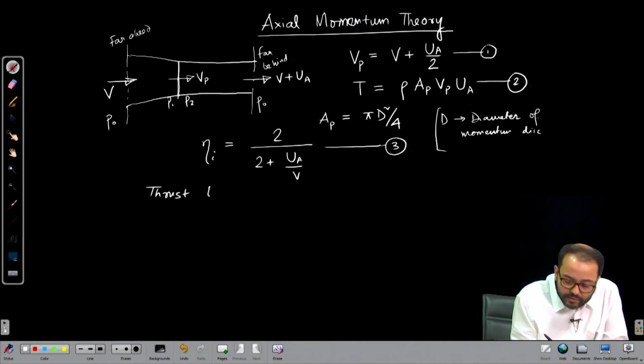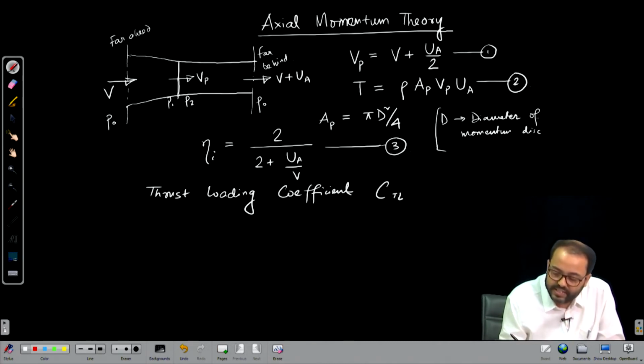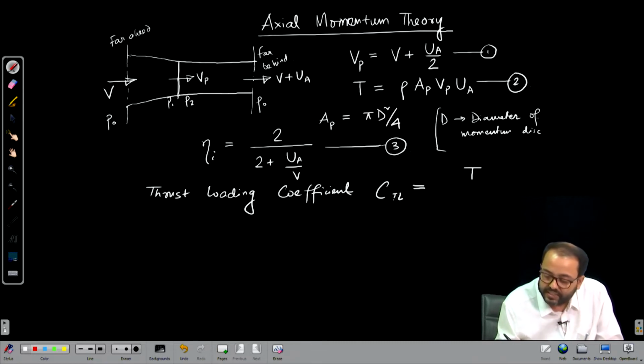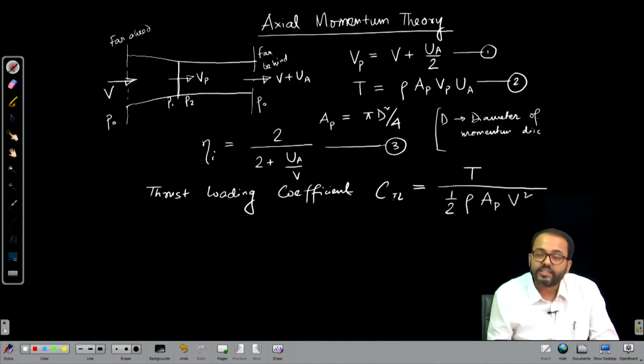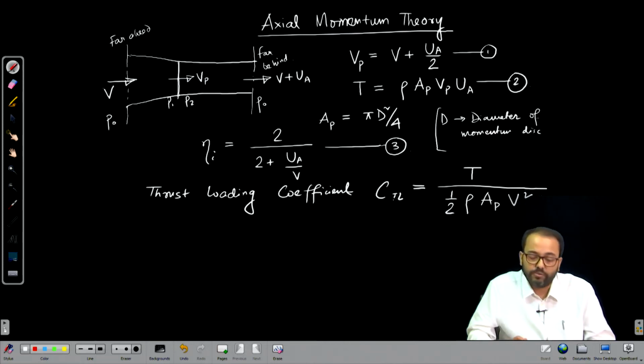Thrust loading coefficient, which we call as CTL, is basically the thrust generated by half rho AP into V square. Here V is the reference velocity which we will use to define different parameters of the axial momentum theory. We will relate it to the ideal efficiency in this particular calculation.